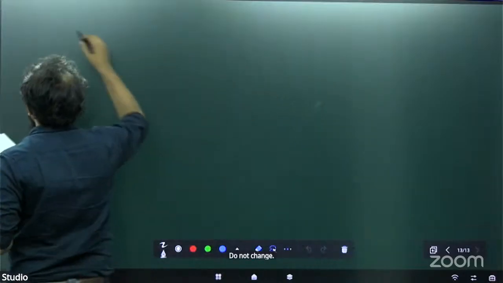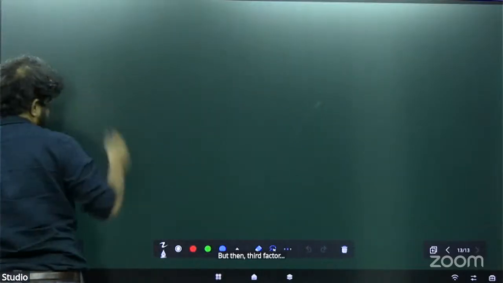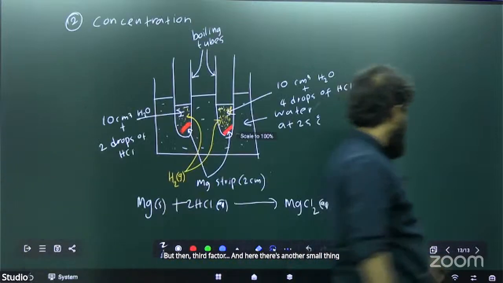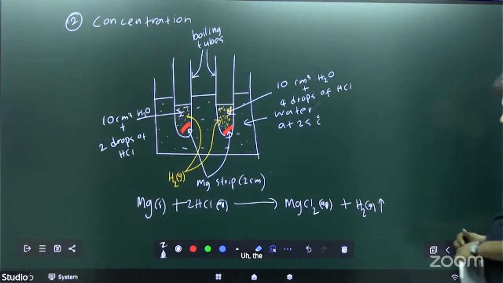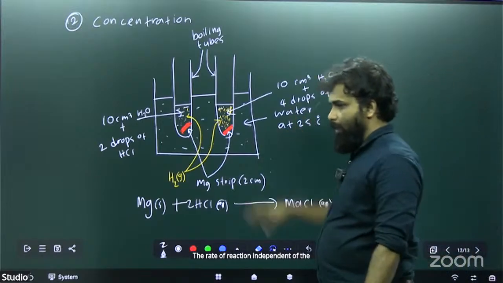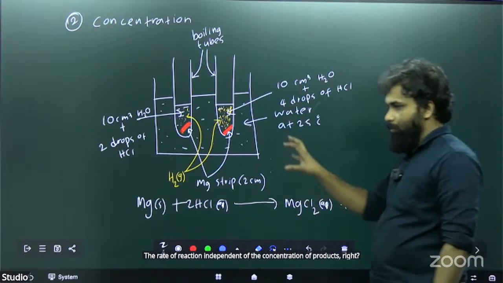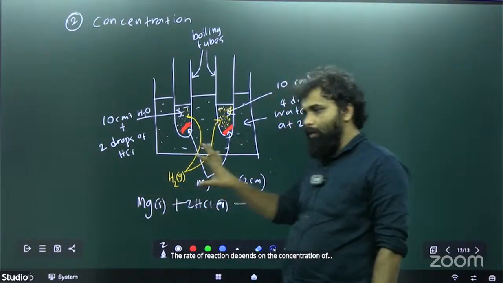Right. Then third factor, and here there's another small thing to keep in mind. The rate of reaction is independent of the concentration of products, right? The rate of reaction depends on the concentration of reactant.